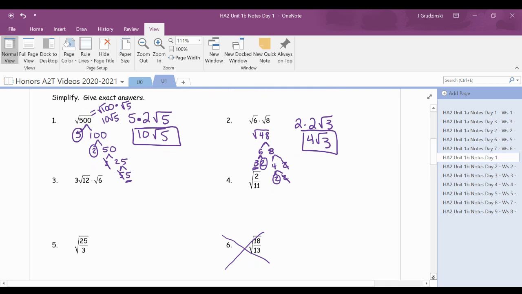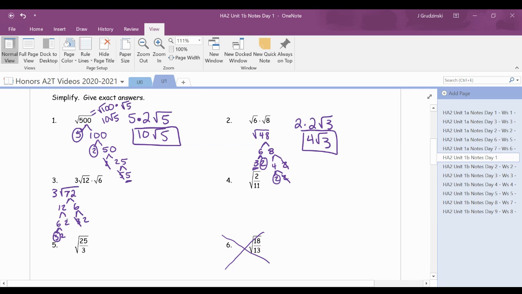All right, then let's take a look at number 3. So again, I'm going to multiply. Since there's no number outside the second radical, the 3 doesn't have anything to multiply with. So it's just going to be a 3 on the outside, and 12 times 6 is 72, which I know was 12 and 6, which is 6 and 2, and 3 and 2, and 3 and 2.